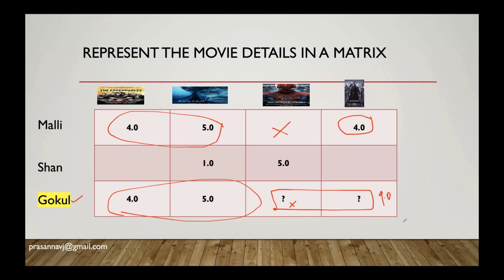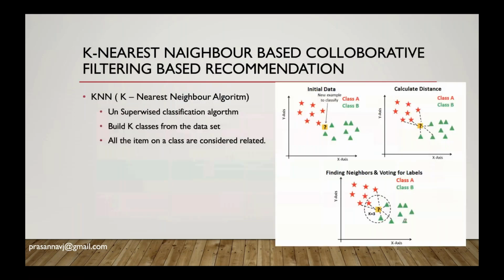To do collaborative filtering, the first thing we need to understand is the basic k nearest neighbor algorithm. We're going to use k nearest neighbor based collaborative filtering. This algorithm is very simple if you understand it. The k represents the number of groups that we're going to create for a specific feature.